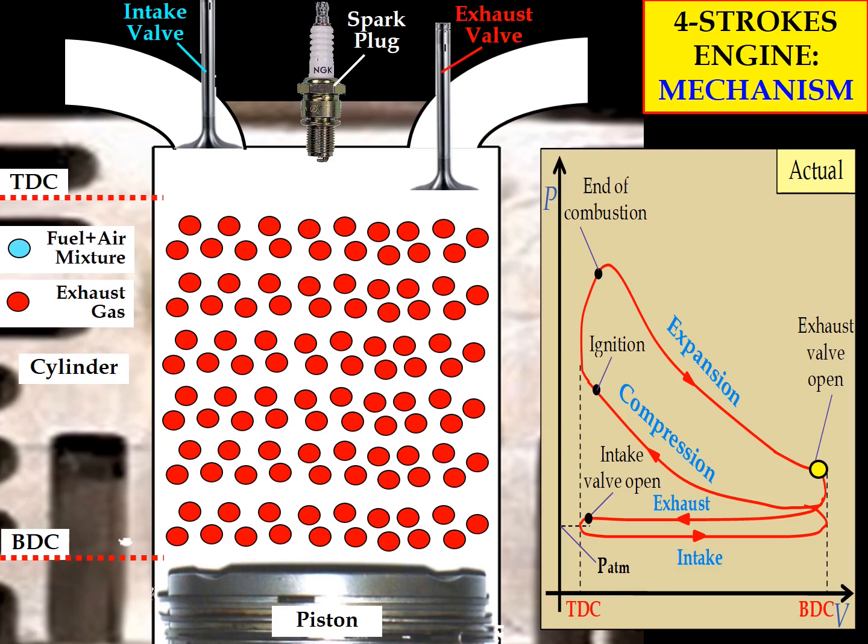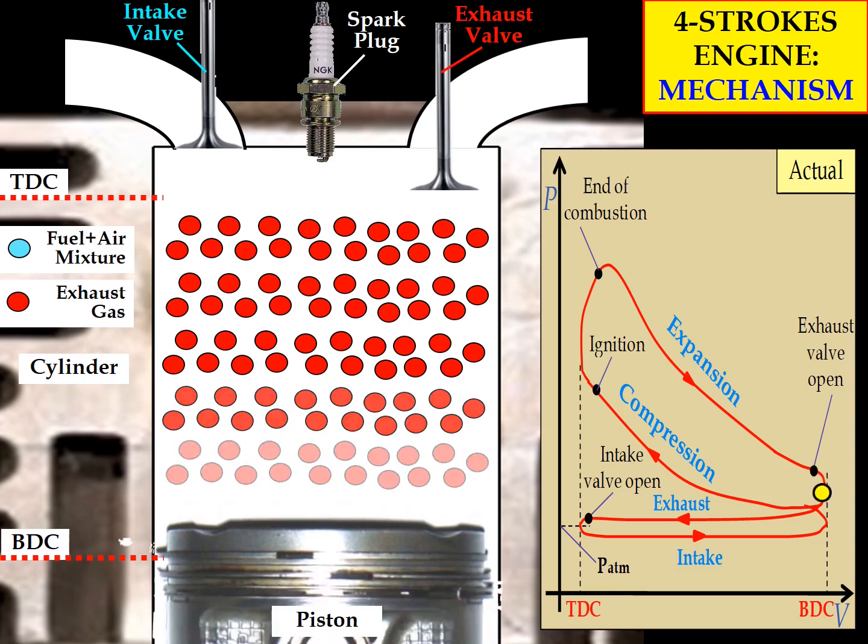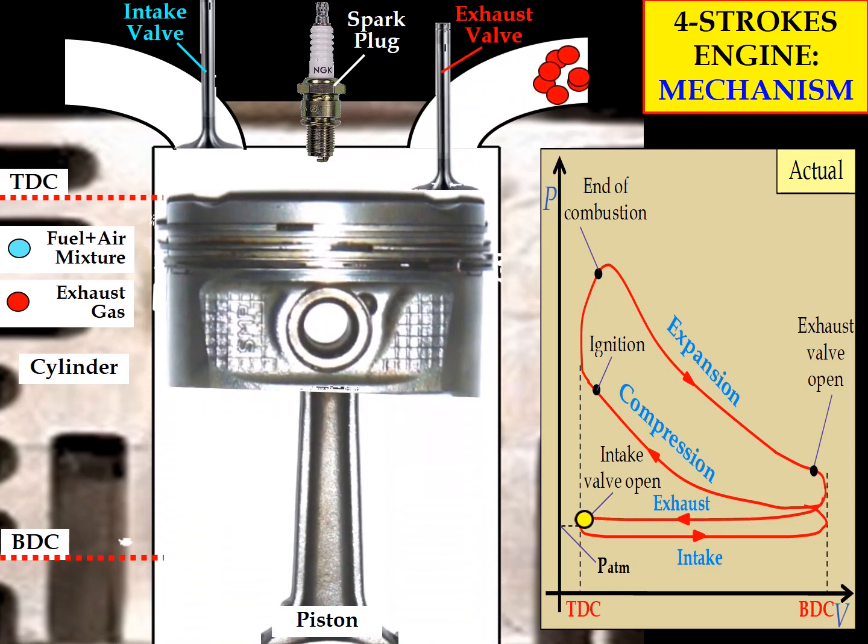If not, the gas will stay in the combustion chamber. After the exhaust valve opens, the piston will move upward. The exhaust process will occur, where the piston forces the exhaust gas to be released to the surroundings.